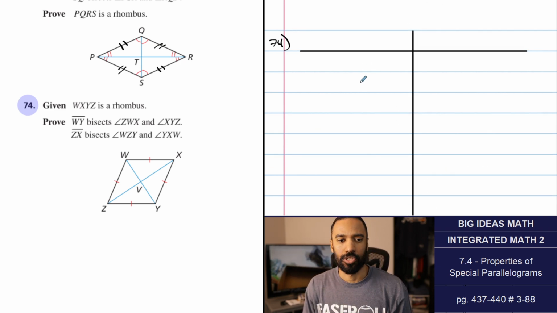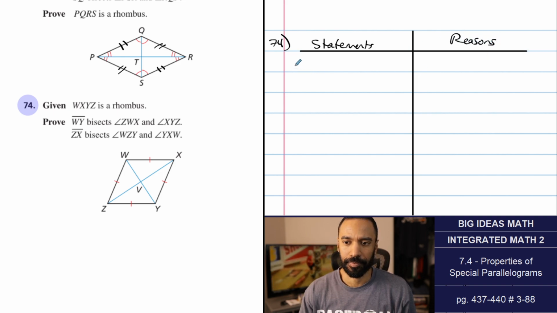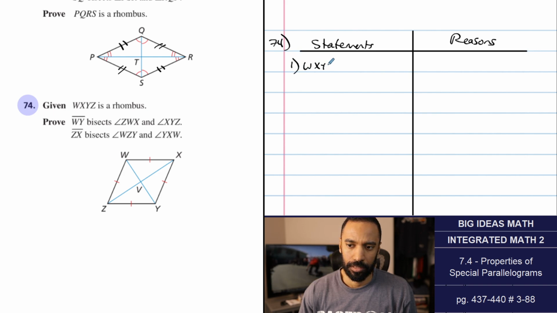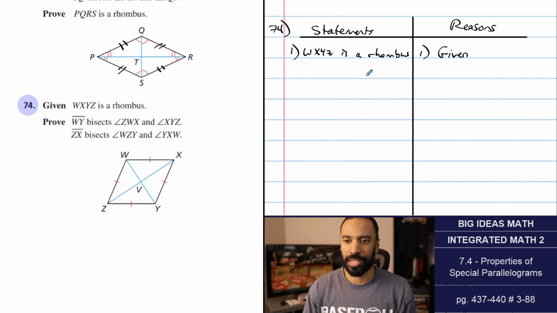Okay, so that the statements. Now they start us off. They say WXYZ is a rhombus. All right, so first, given. They give you some markings of what things are congruent.